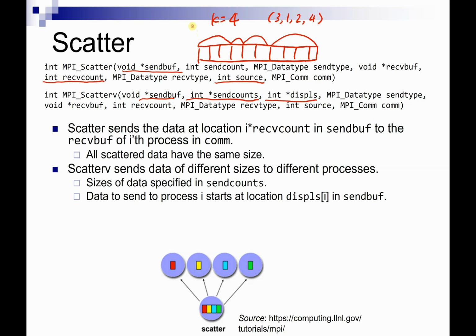The data I'm sending to the first process starts at index 0. The data I'm sending to the second process starts at index 3. The data I'm sending to the third process starts at index 4. And the data I'm sending to the final process starts at index 6.